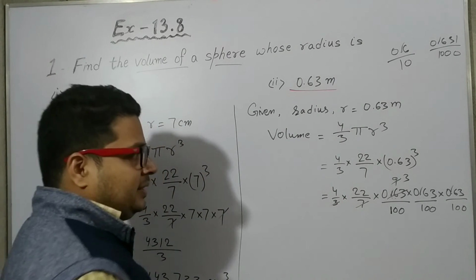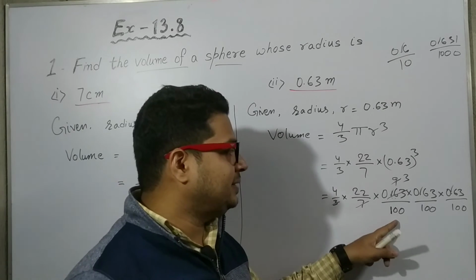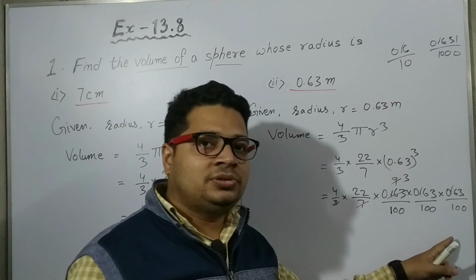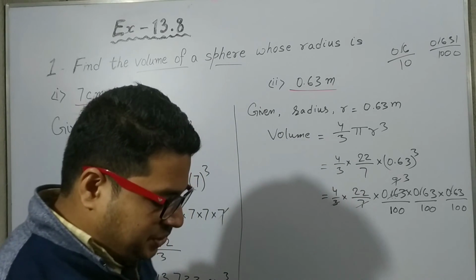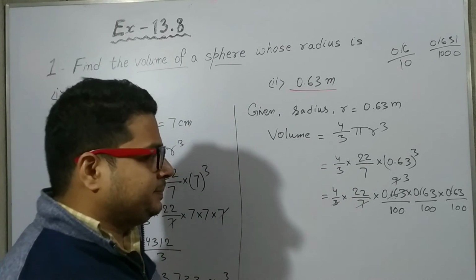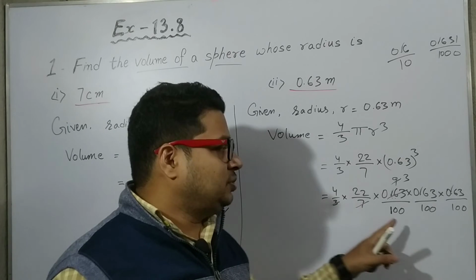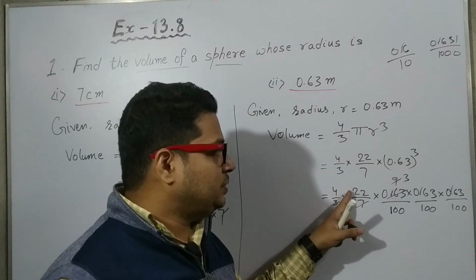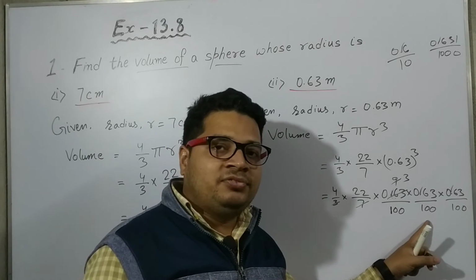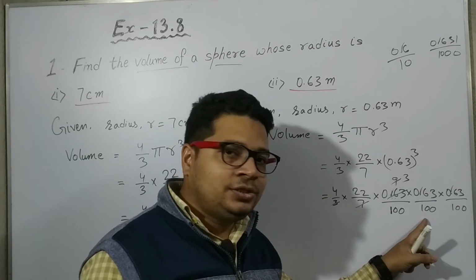Of course you can cancel this 4 and this 100, this 22 and this 100, both are even numbers, so they are divisible by 2. But I suggest you don't cancel this, because if you cancel 4 25s are 100, then 25 remains in the denominator. If you cancel this by 2, 11 2s are 22 and 2 50s are 100, then 50 remains in the denominator.